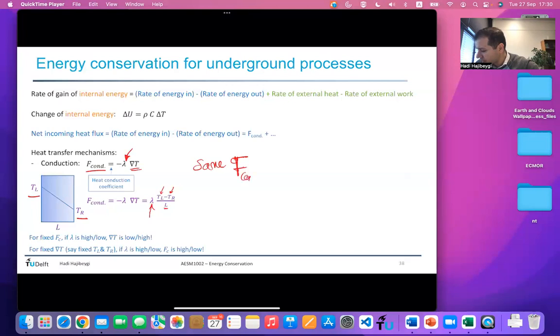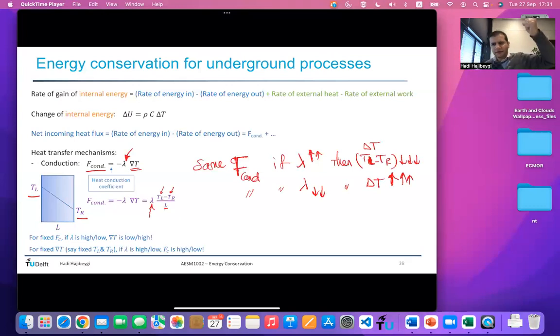So for the same Q, for the same heat flux, or I'm calling it F here, for the same flux of conduction, if lambda is very high, then the delta T, T left minus T right, is very small, because the multiplication of them should give you the same Q. If for the same flux of conduction lambda is very small, then the delta T will be very high, which means left and right will have very different temperature values because lambda is very, very small.